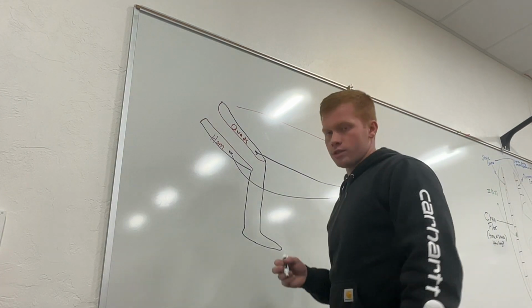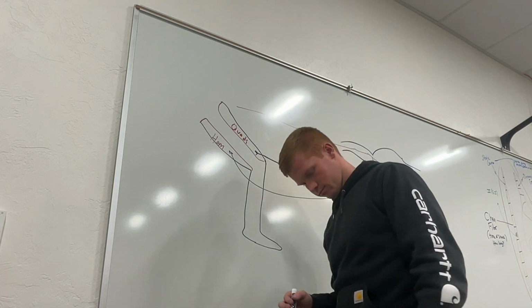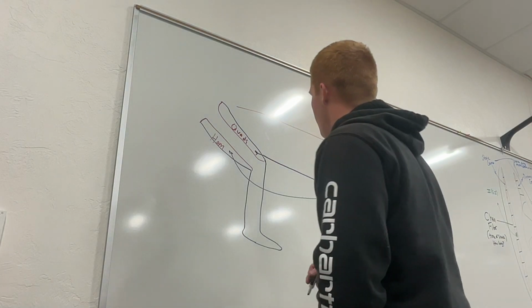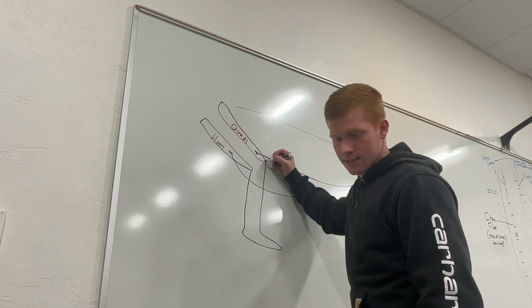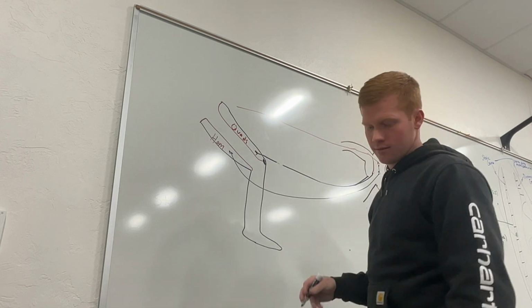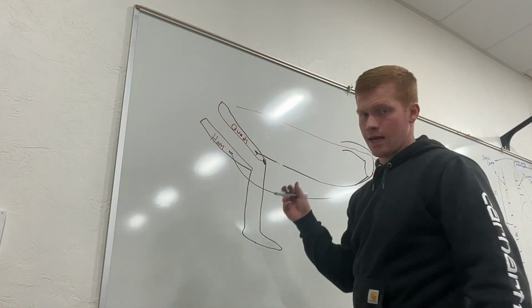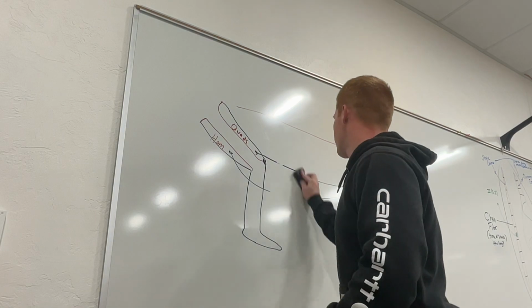And so that's the stretch reflex. We also have a Golgi tendon organ reflex, and that one's a little different. That one has fibers, like sensory stuff within the tendon, and that senses tension. And so let me erase this real quick.